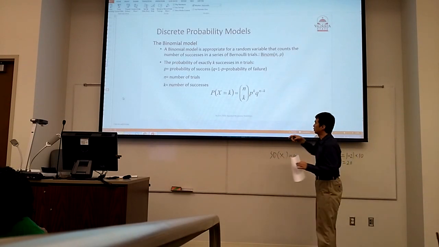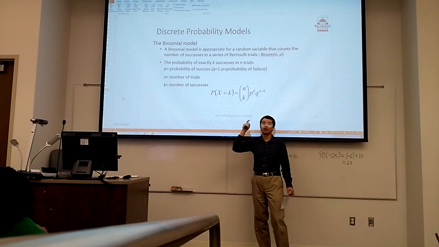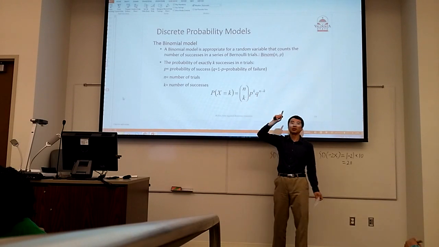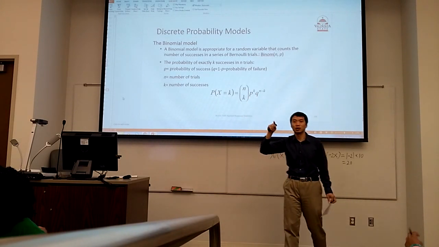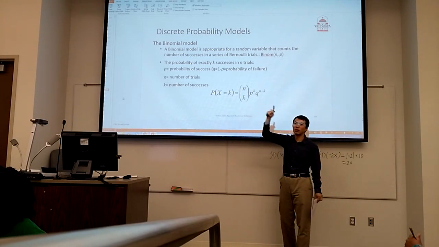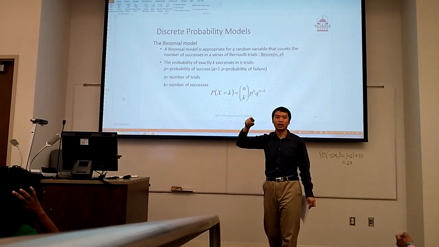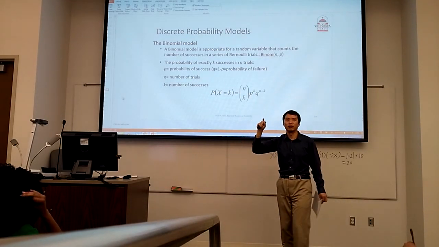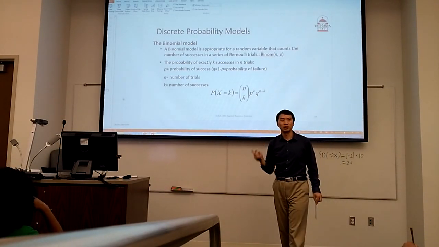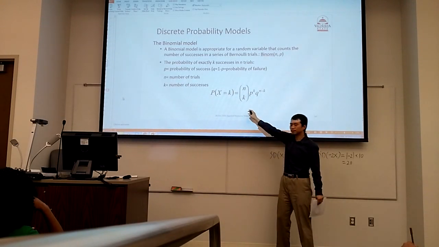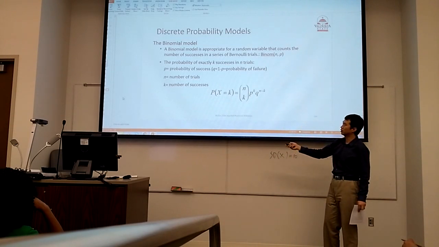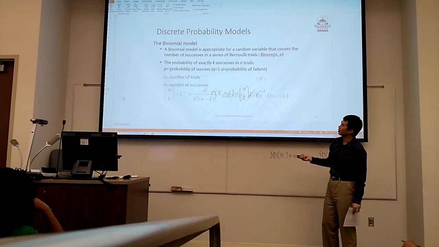Because we are interested in k successes, in the expression we have p to the power of k, because p is the probability of success and we have k successes. And then we have n minus k, the number of so-called failures, so it's q to the power of n minus k. So this is the probability mass function. Let me go to the next slide.